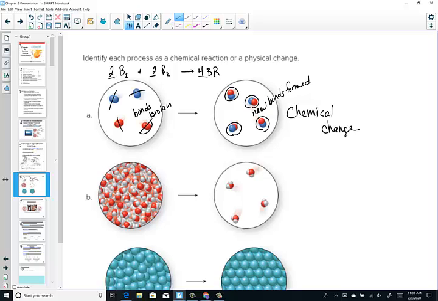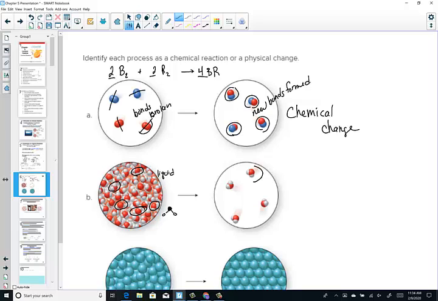Now let's take a look at what we have here. Inside this molecular model, looks like we have a red attached to two whites. Looks like water, doesn't it? That's a water molecule. And it looks like they're still just in a liquid form, where I can see they're close together, but randomly displaced, right? So that would be in a liquid phase.